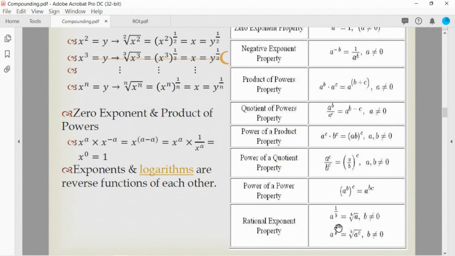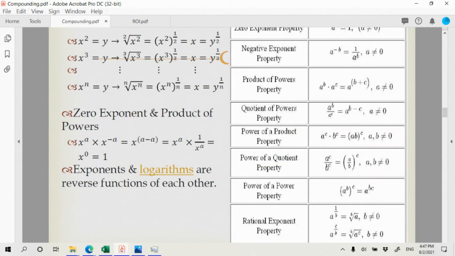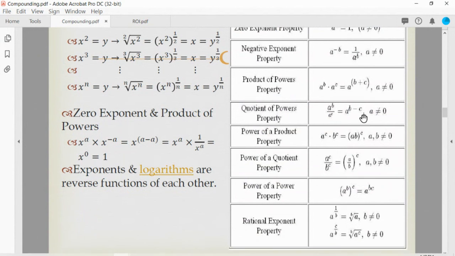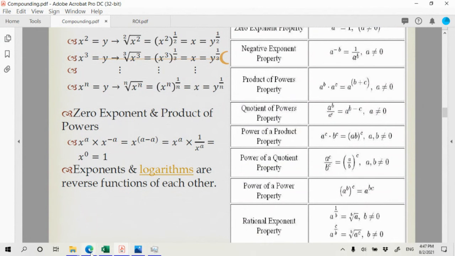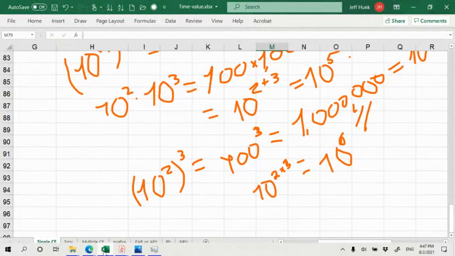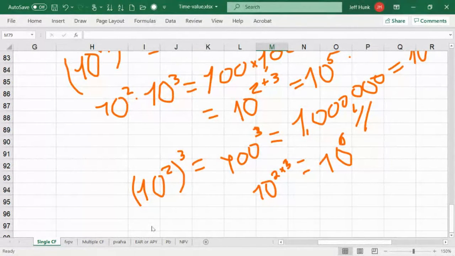So a raised to c over b is actually the bth radical of a to the c. But what we need here is this power of power, right? This power of power.